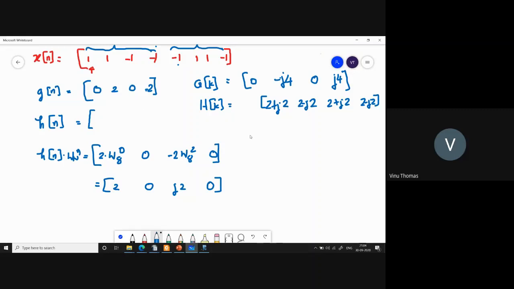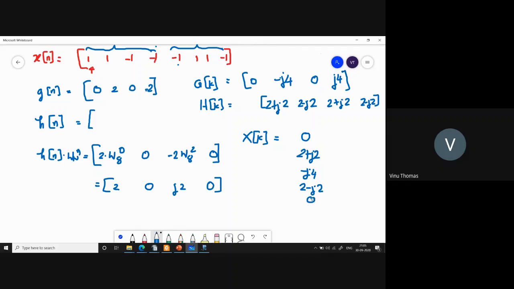So how will you write X of k? Remember that G of k are the even samples of X of k. What would be the first sample? The first sample would be 0. The next sample would be 2 plus j2, because that's the first odd sample. The next sample would be minus j4. The next would be 2 minus j2. The next would be 0.